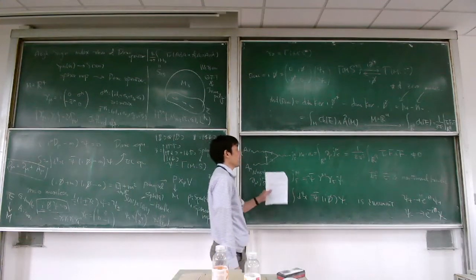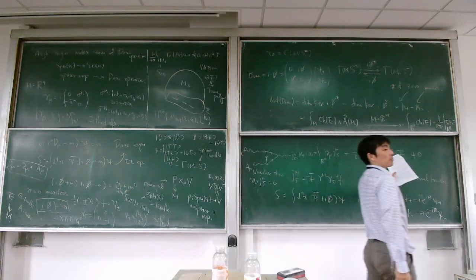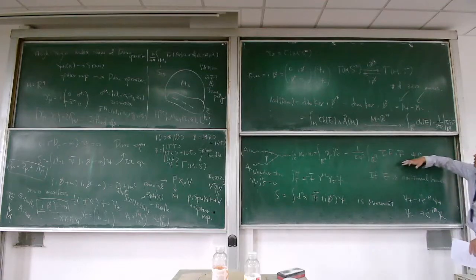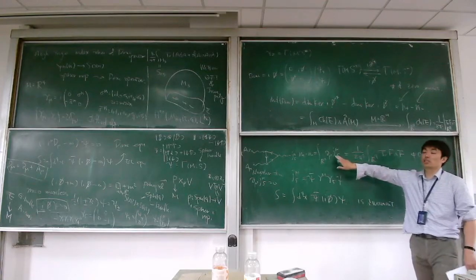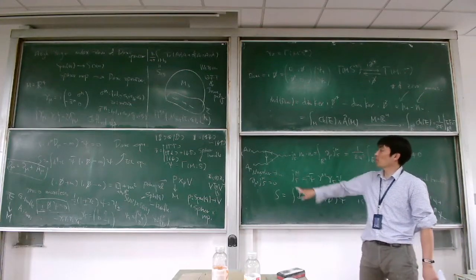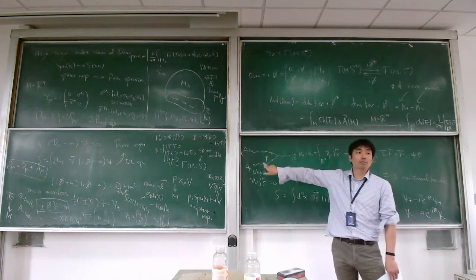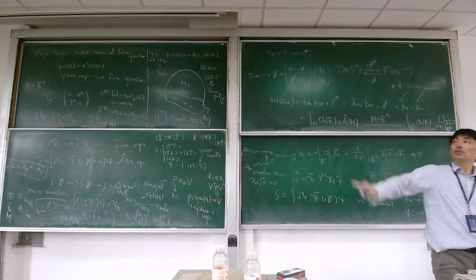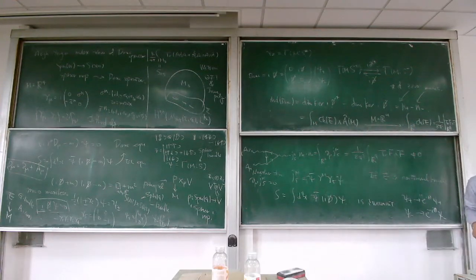However, quantum mechanically you receive some quantum correction, so that this is no longer 0. That's called the anomaly, and it can be computed using a one-loop diagram, or you can use the index theorem.